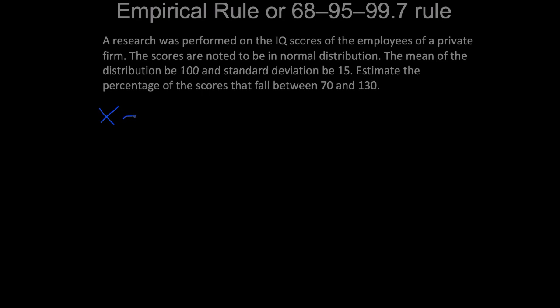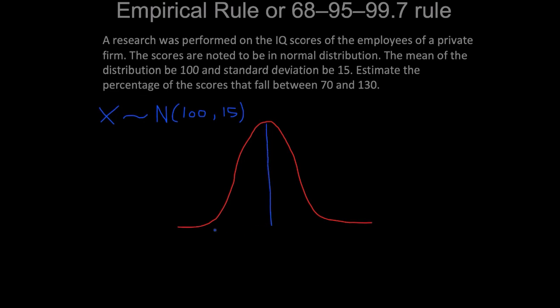Let X be the IQ scores. Then X has a normal distribution with mean 100 and standard deviation 15. So this should be bell-shaped, because a normal distribution is symmetric about the mean, which in our case is 100.